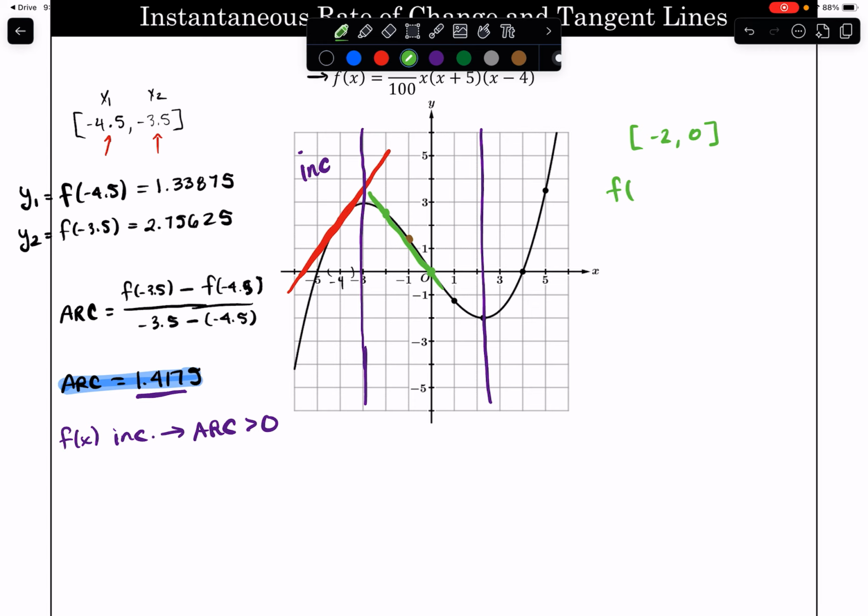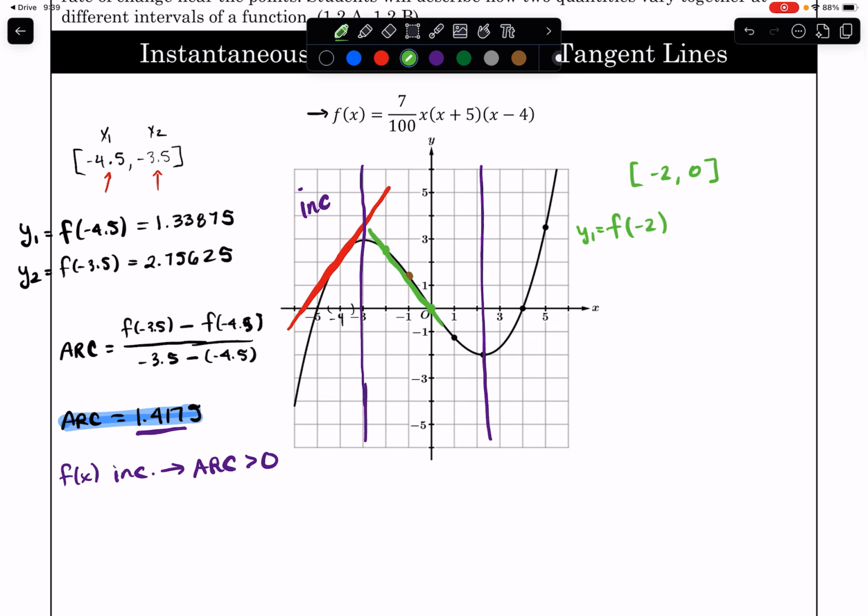So let's figure out what the y1 is going to equal by plugging in -2 into the x's of this function. So plugging in -2 into our function, we end up with a value of 2.52. And now to figure out the y2 value, I'm now going to plug in my 0, which is going to equal 0.